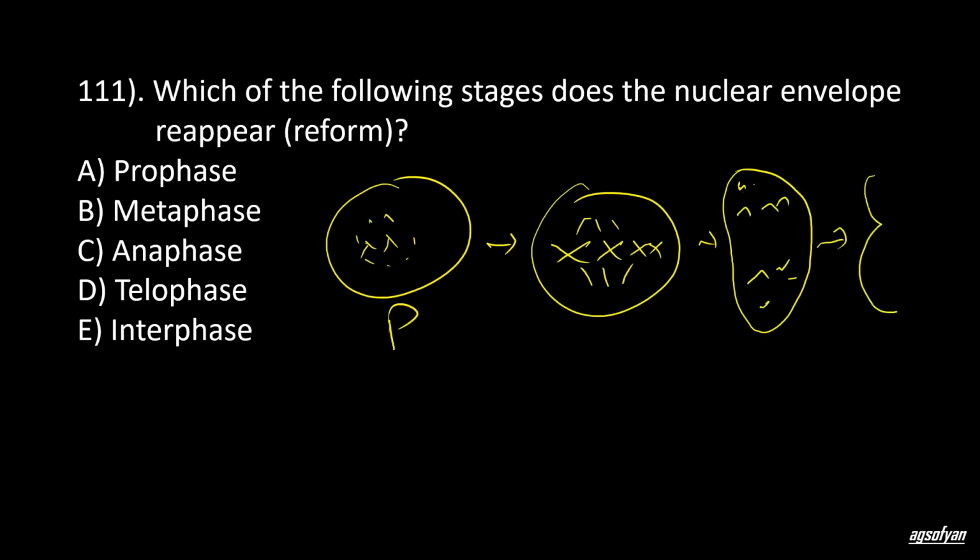And then telophase, this is when the cleavage furrow is present and the nuclear envelope reforms. So the nuclear envelope reappearing or reforming is during telophase.